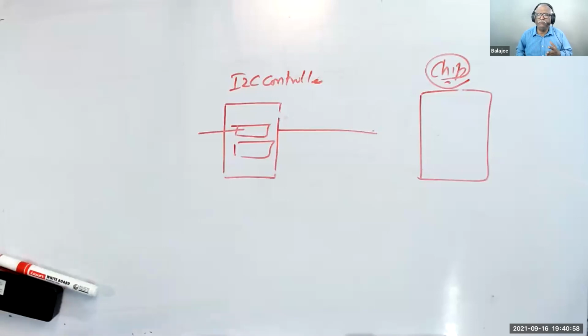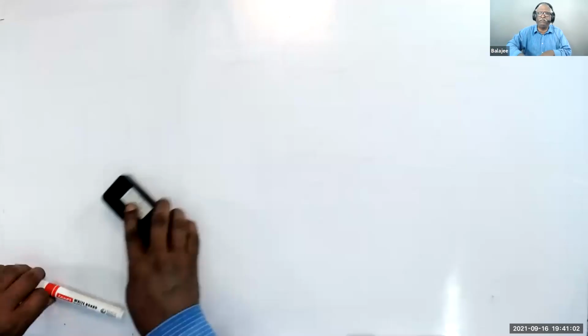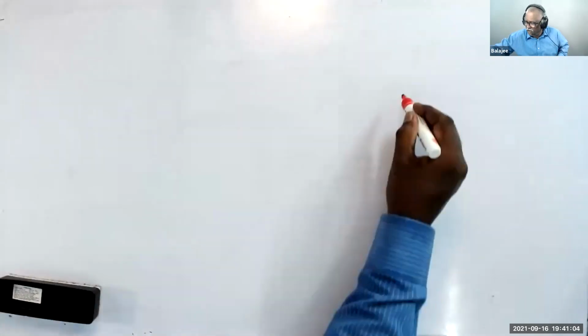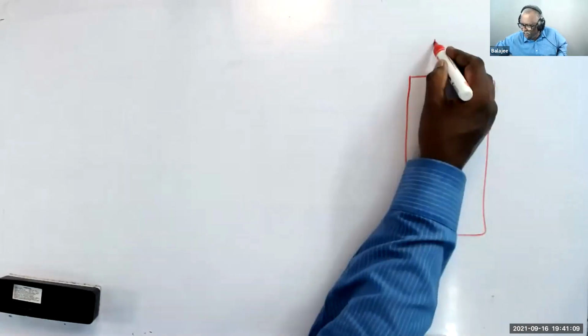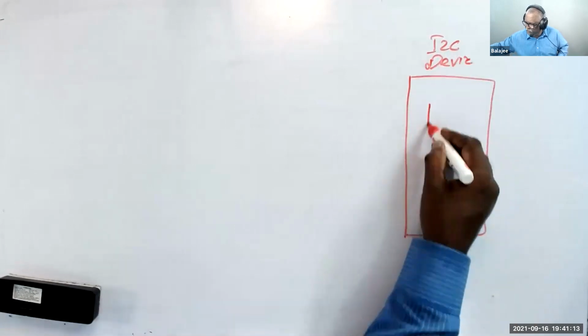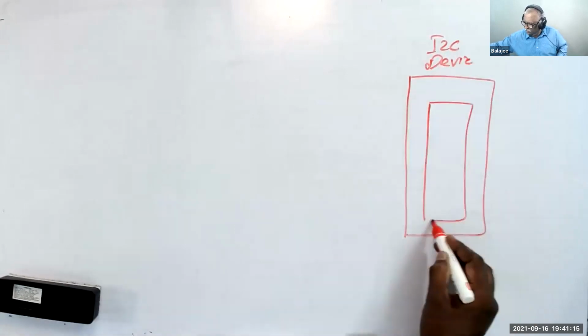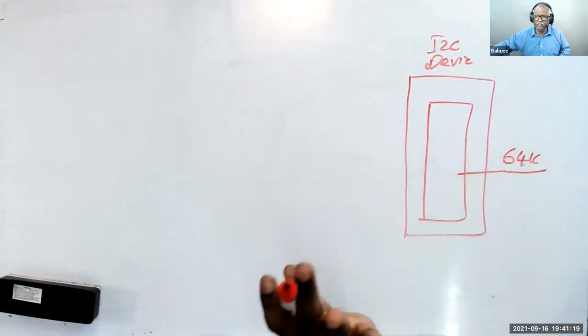Max is 7 bits. Please, there's a confusion once again now. Who said max is 7 bits? Now tell me that. I have an I2C device. Let us assume it has 64K.